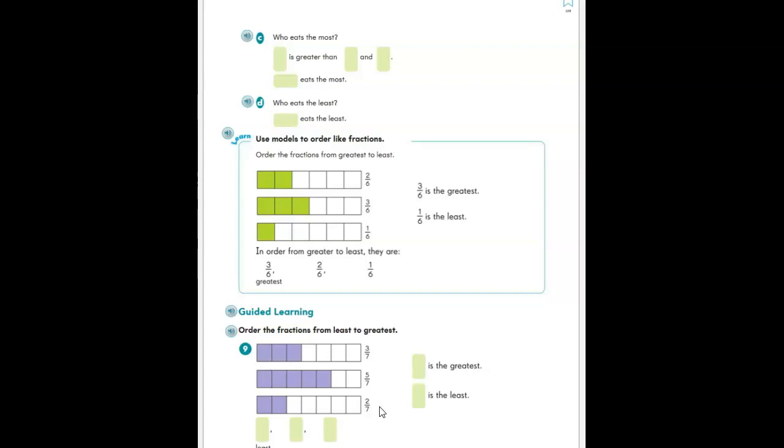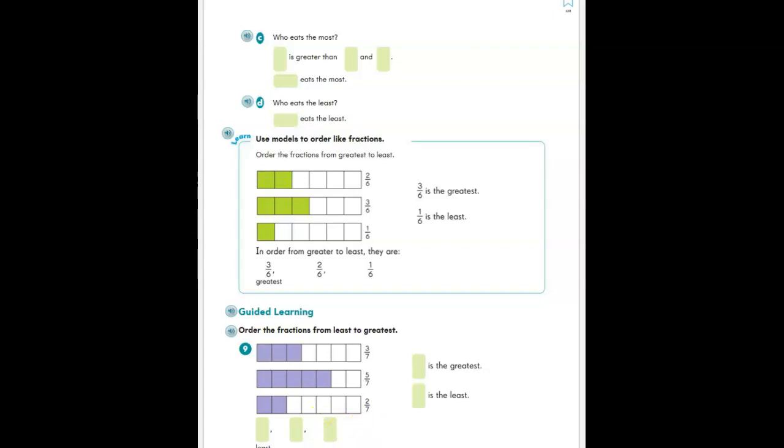If we think about 3 pieces out of 7 versus 5 pieces out of 7, we know 5 is bigger, versus 2 pieces out of 7, which we know would be the smallest. This time it wants us to order them from least to greatest. So our smallest fraction comes first, 2/7, then 3/7 next, and our greatest fraction would be 5/7.